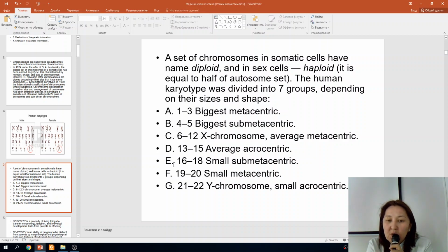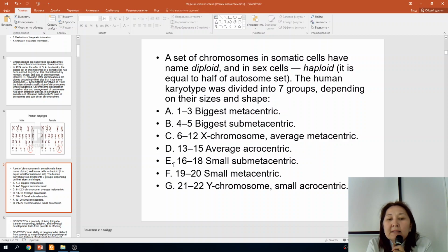A group: first 3 pairs, biggest, metacentric. B: groups 4 and 5, biggest submetacentric. C: groups 6 to 12, including the X chromosome, average metacentric. D: groups 13 to 15, average acrocentric.